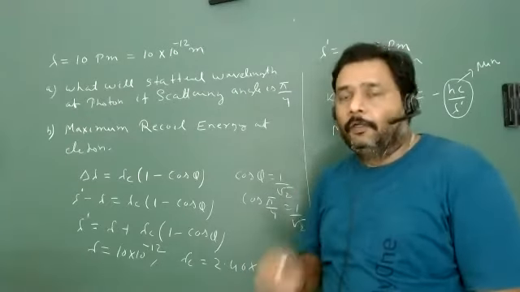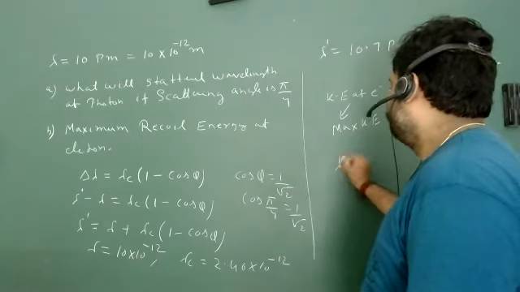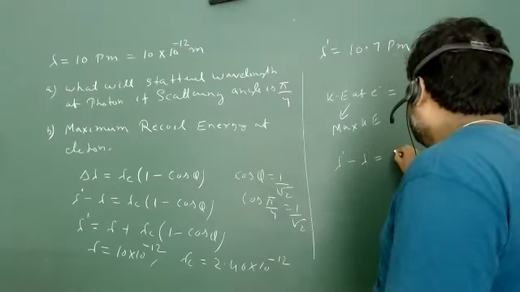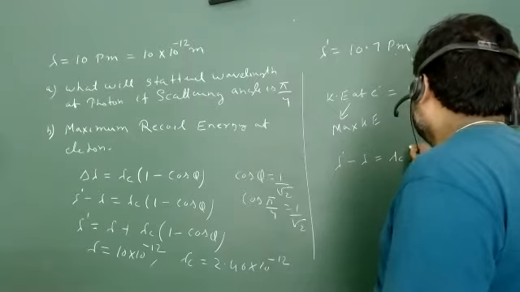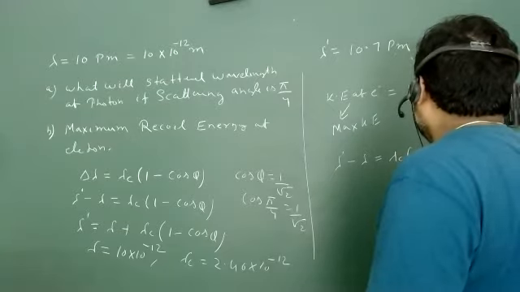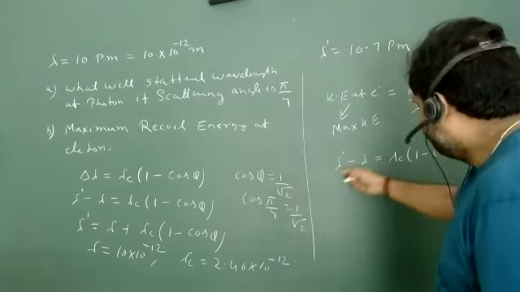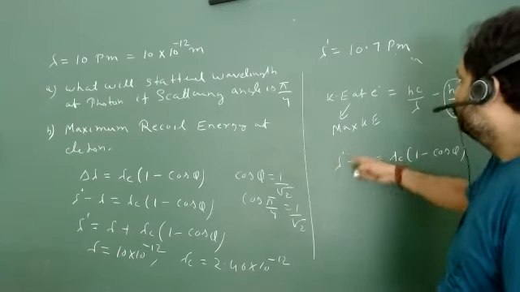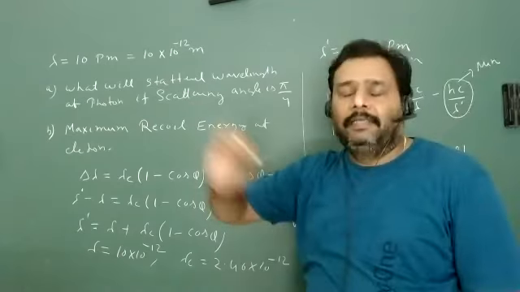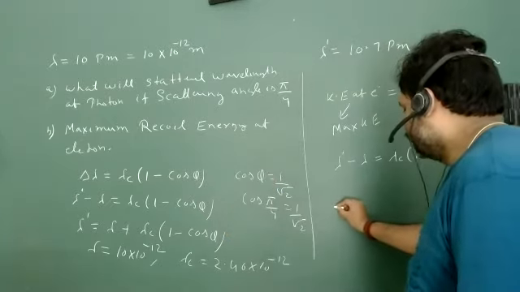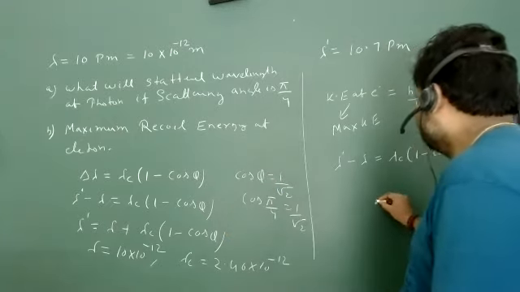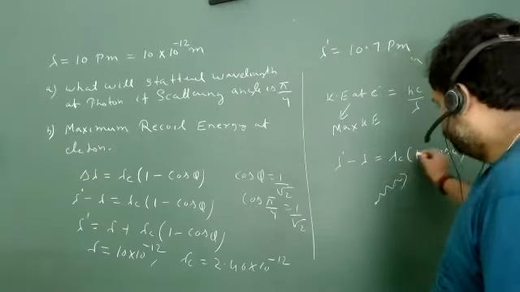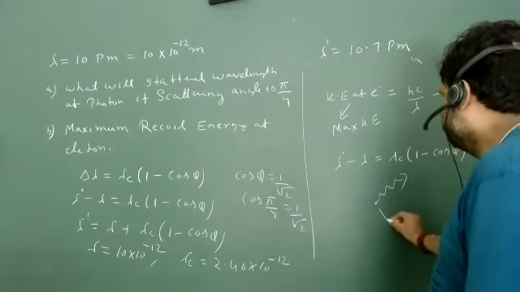So what we need is, delta lambda, lambda dash minus lambda, is given as lambda c times 1 minus cos phi. For getting the maximum wavelength, suppose the scattered light is going in one direction and the electron is going downward.